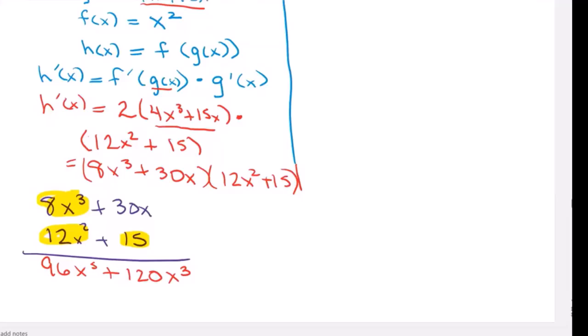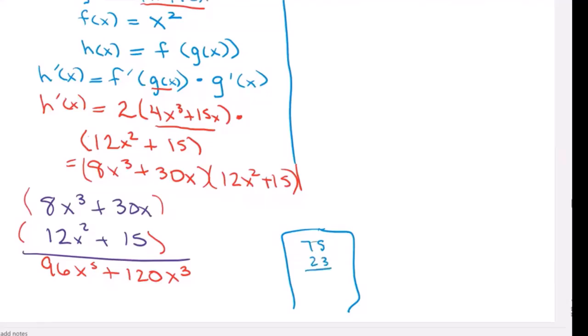Now I've multiplied 8x cubed times both terms, just like any kind of multiplication. If I said 75 times 23, you would multiply everything times the 75 times 3. So I get 15, carry the 1, 21, 22. And then I would move over, 10, carry the 1, 15. And then I add. We're doing polynomial multiplication really the same way. It's just like FOIL, except usually it turns out nicer.